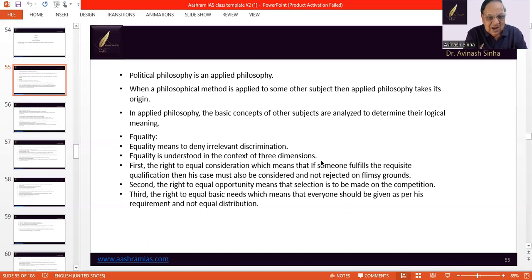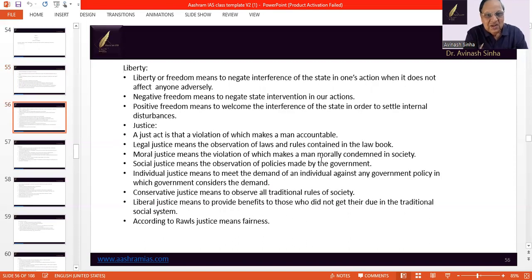Third is the right to equal basic needs, which means that everyone should be given as per his requirement, and not that everyone should have equal distribution. So we find how equality is understood, considered in three dimensions.